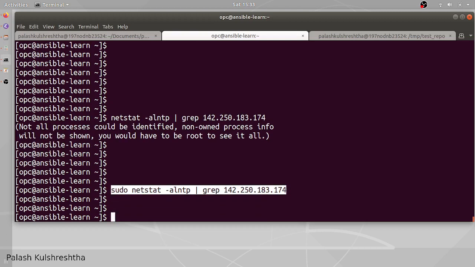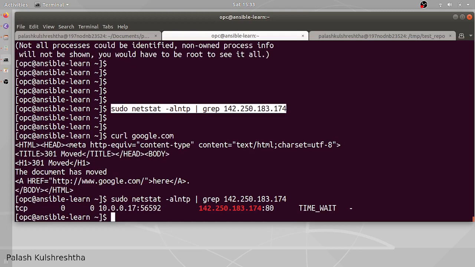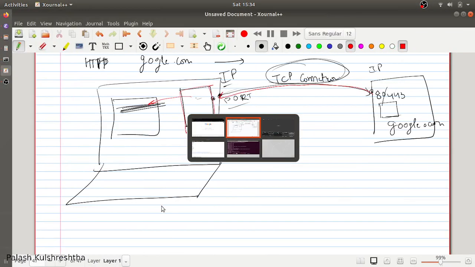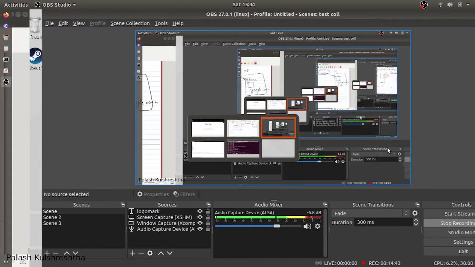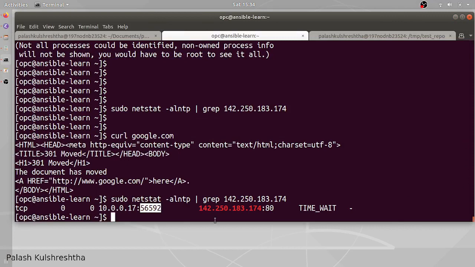Now let's make a request and then quickly check the connection. Curl google.com, it gave me the response. Now you can see port 56592 was allotted. This IP address was this.